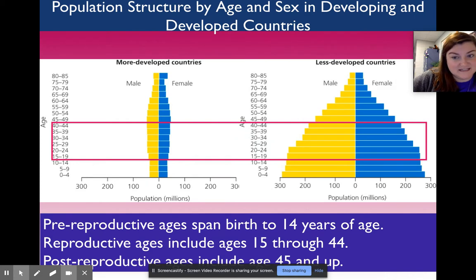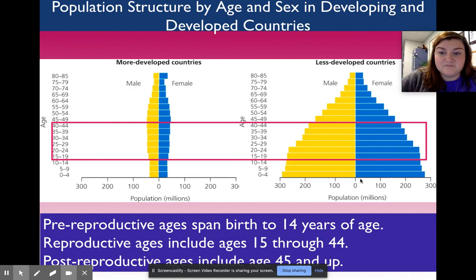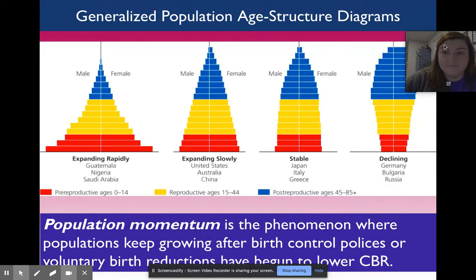Not necessarily saying that's the time when most people are having children, just that the reproductive age is the time period that most people are able to theoretically have kids. So that's how they've got that divided.